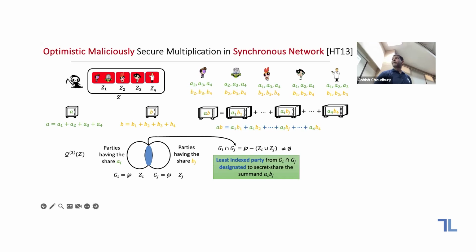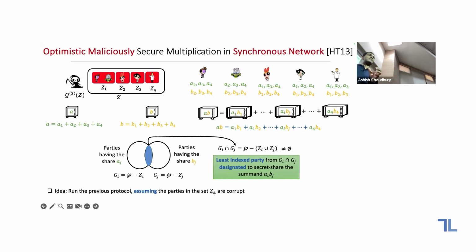In this optimistic multiplication protocol, the first change is that we are going to work with the Q3 condition, because now we are in the malicious setting. And what we are going to do is run the passively secure protocol that I just discussed in the previous slide multiple times.